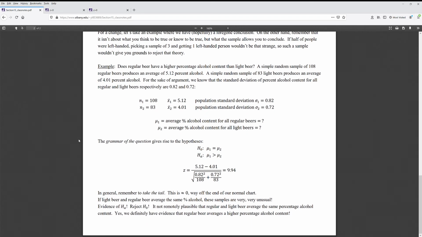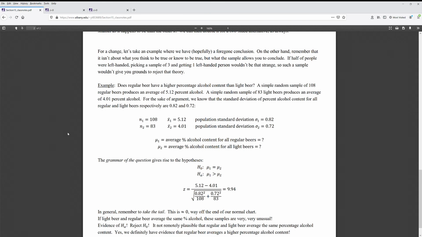And that brings up a point. It's not about what you know or what you think you know. It's about what the sample allows you to conclude. Remember, H0 has the benefit of the doubt, and HA has the burden of proof. And small samples, for reasons we've begun to see, don't prove much of anything. So it's not about what you know. It's about what the sample allows you to prove.